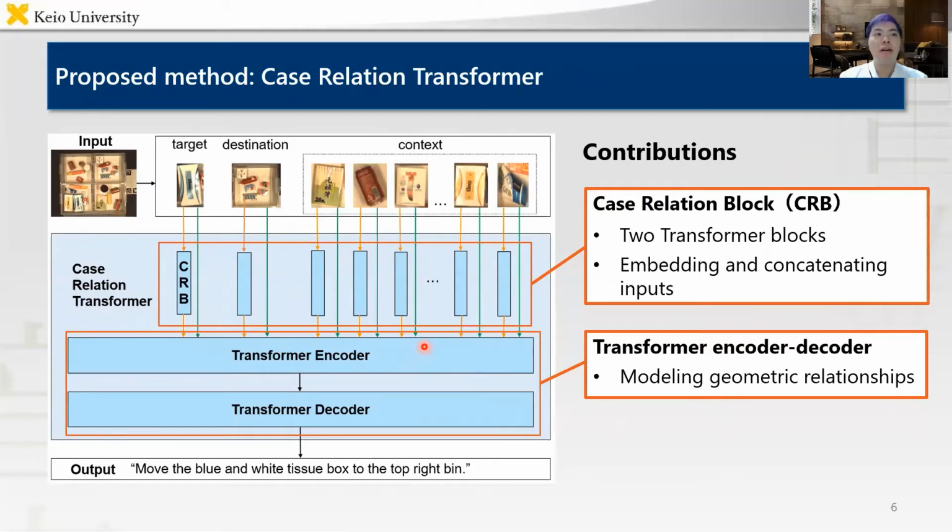In this paper, we propose the Case Relation Transformer, a transformer-based fetch instruction generation model containing a case relation block, which explicitly handles target object and destination. In the next few slides, I will be showing you the more detailed network structure.